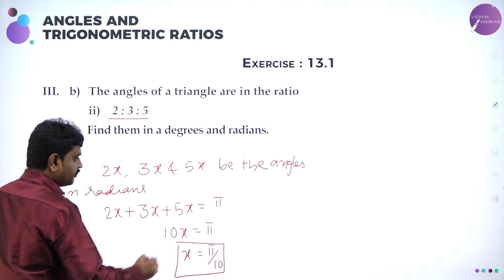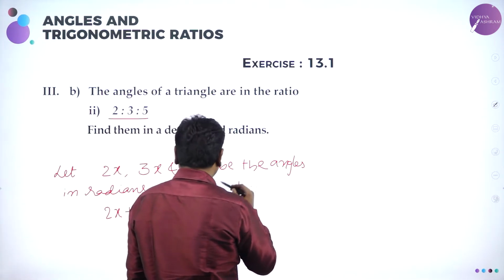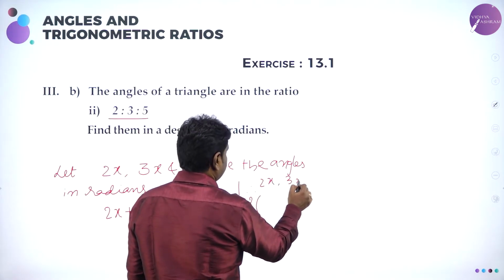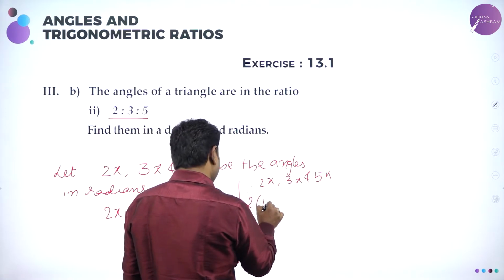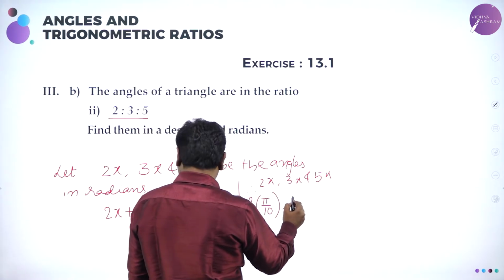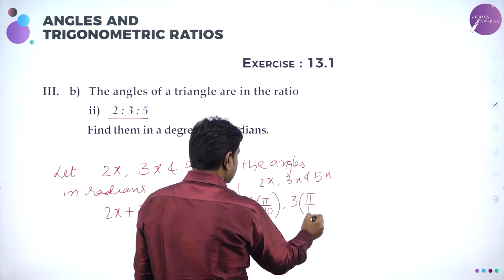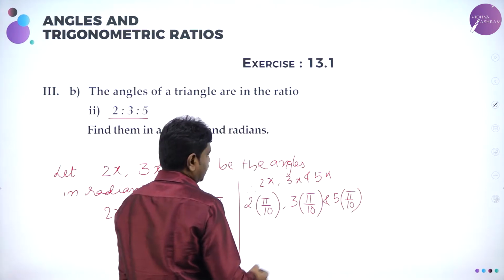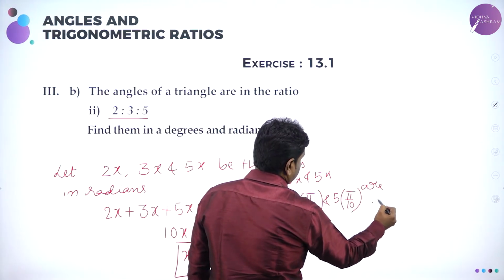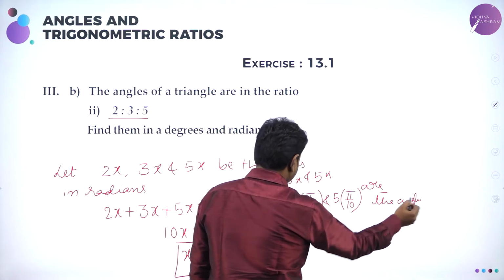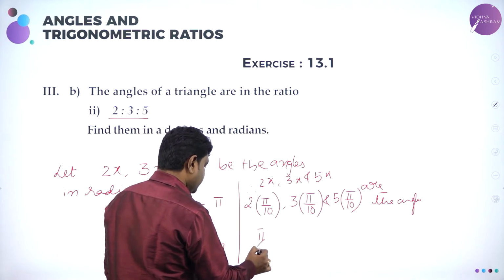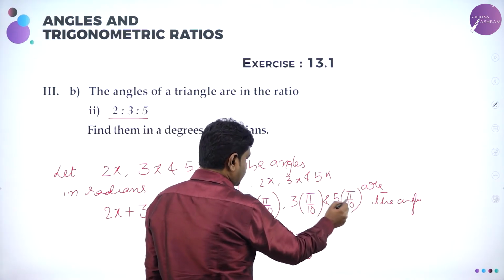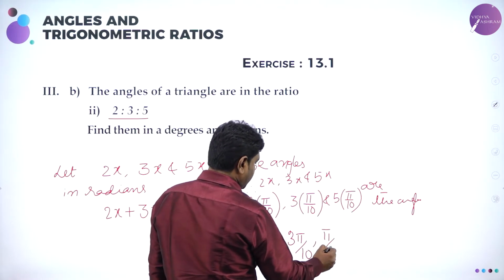Now you write the angles. Therefore 2x, 3x and 5x mean 2 times pi by 10, 3 times pi by 10 and 5 times pi by 10 are the angles. 2 ones are 2, 5 twos are 10, so pi by 5. 3 pi by 10 is not divisible, let it be. 5 ones are 5, 5 twos are 10, so pi by 2.